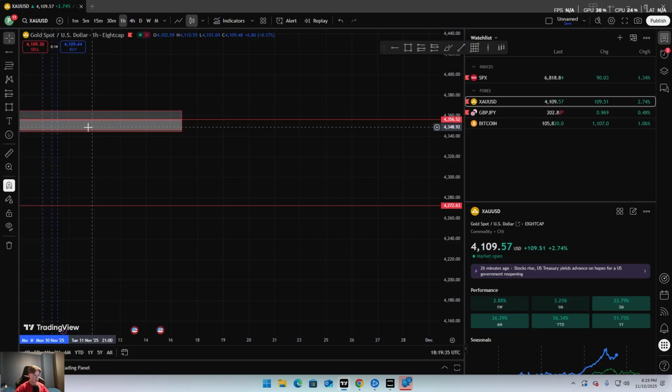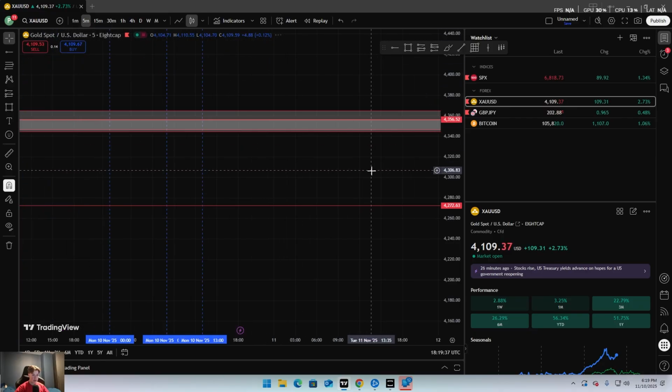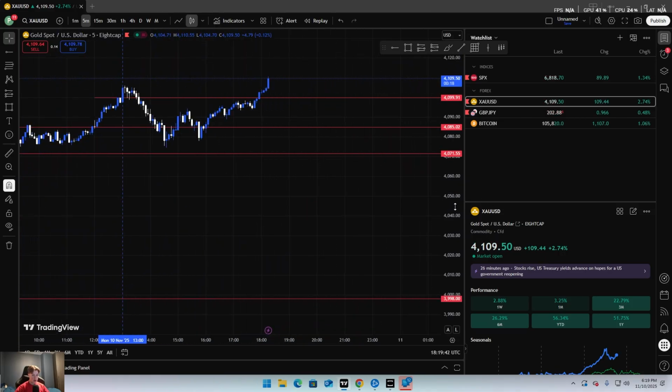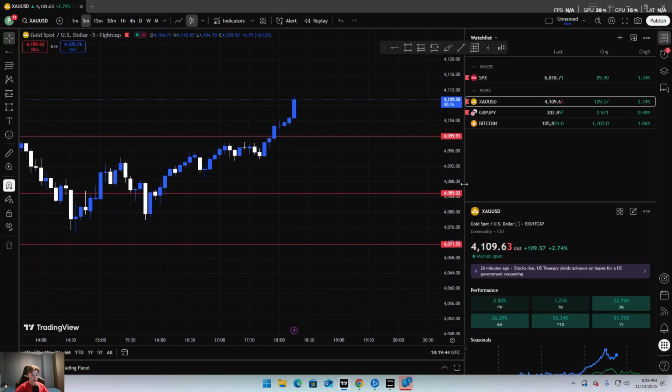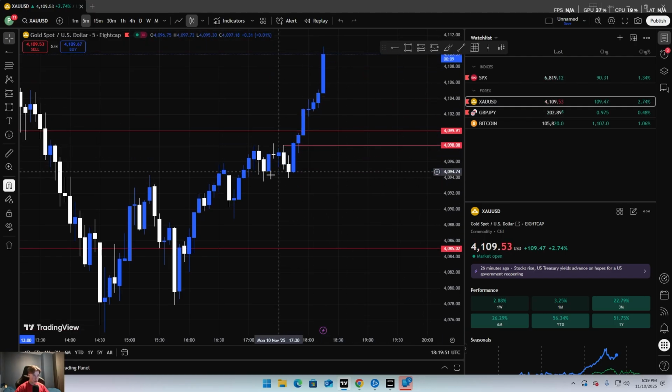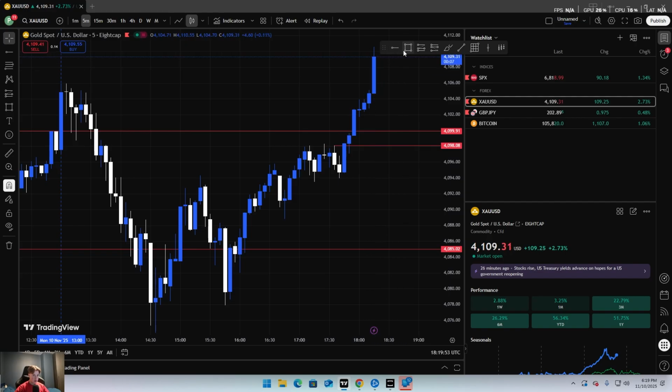We have that now, so let's go down to 5 minutes and check the market. On 5 minutes, what we're searching for is a break of structure happening over here. You can see the break of structure happening over there. What else can we see?